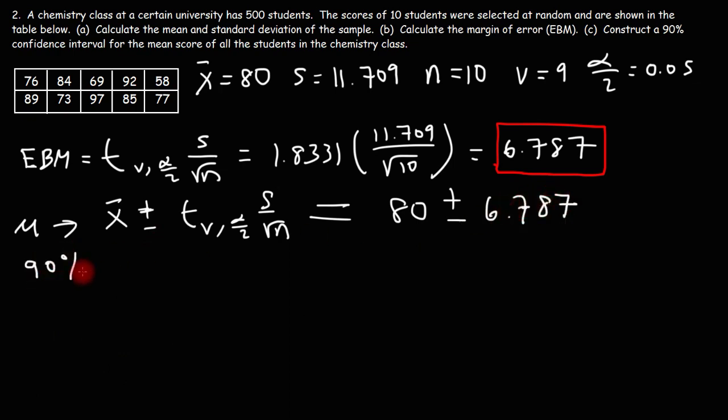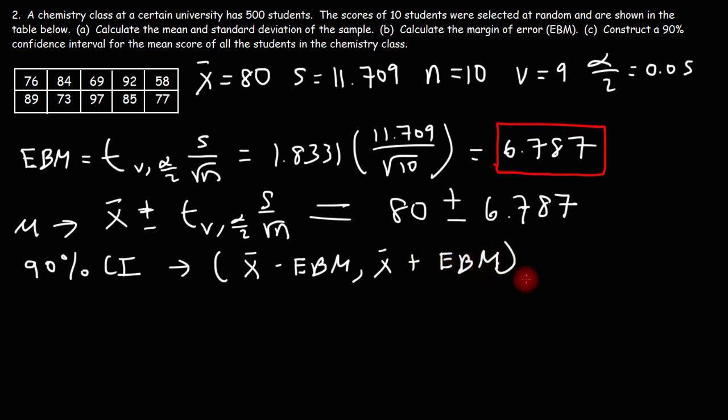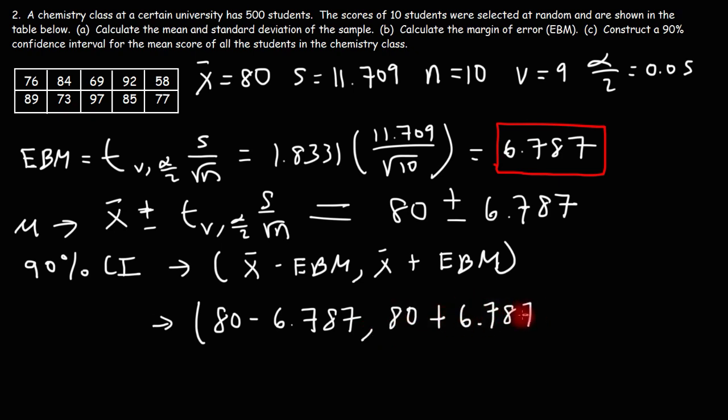So the 90% confidence interval is going to be between x bar minus EBM, and the maximum value will be x bar plus the margin of error. So this is going to be 80 minus 6.787, and then 80 plus 6.787.